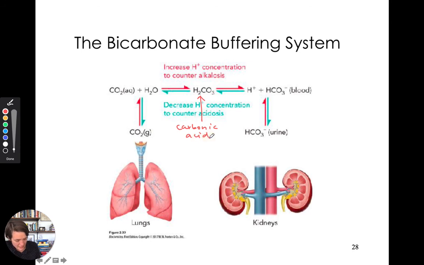Now that is an acid, so it shouldn't surprise us that it can lose a proton and form what is known as the bicarbonate ion.